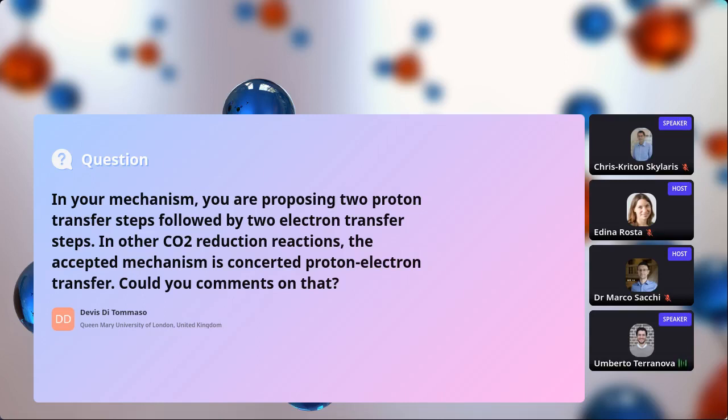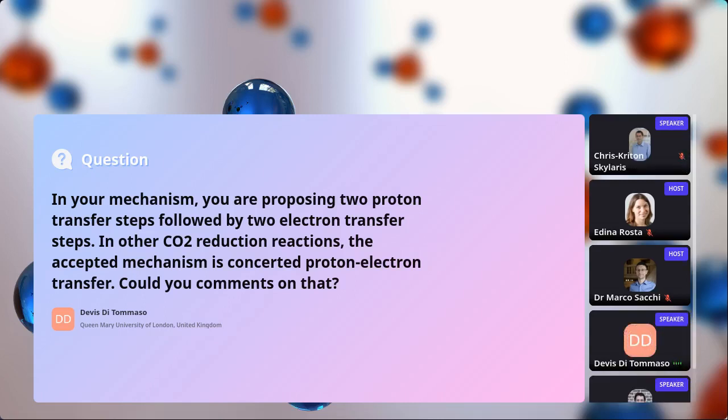Thanks, Davis. I don't know which other mechanisms you are referring to. In this case, I only investigated the proton transfer followed by the electron transfer because of the presence of histidine that would naturally act as a base, and the same for the lysine.